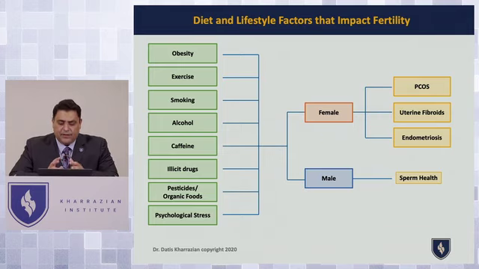For females, with PCOS, it's all about getting insulin levels down. With uterine fibroids, it's mostly genetic, and diet and lifestyle alone may not have much impact. With endometriosis, it's all about prostaglandins, fatty acids, inflammation, and reducing the total inflammatory load in the body. Those are the key dietary strategies. I'm going to show you how to implement these with nutraceuticals next.